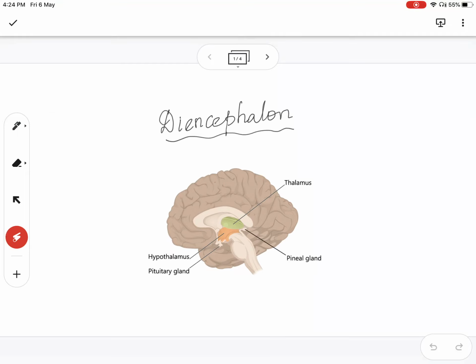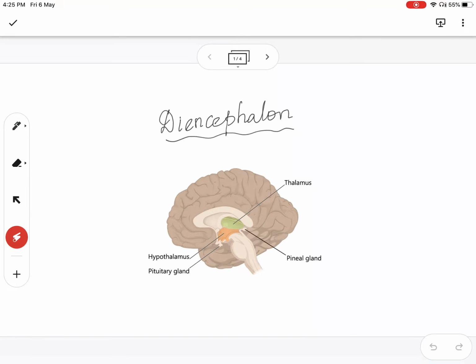It forms the ventral part of the diencephalon. You can see the labeling over here. The anterior portion was epithalamus, the posterior portion is hypothalamus. Okay, now it is going to be present at the base of it. Now hypothalamus is the one which has several functions.